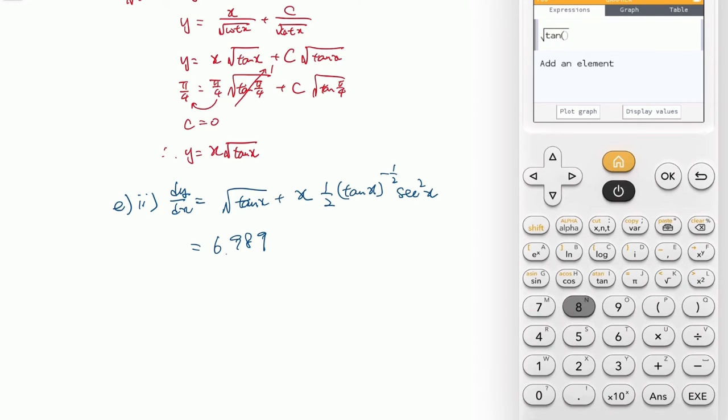What if we graph it? x times 1 over 2 times bracket tangent x to the power of negative 1 over 2 times 1 over cosine square.